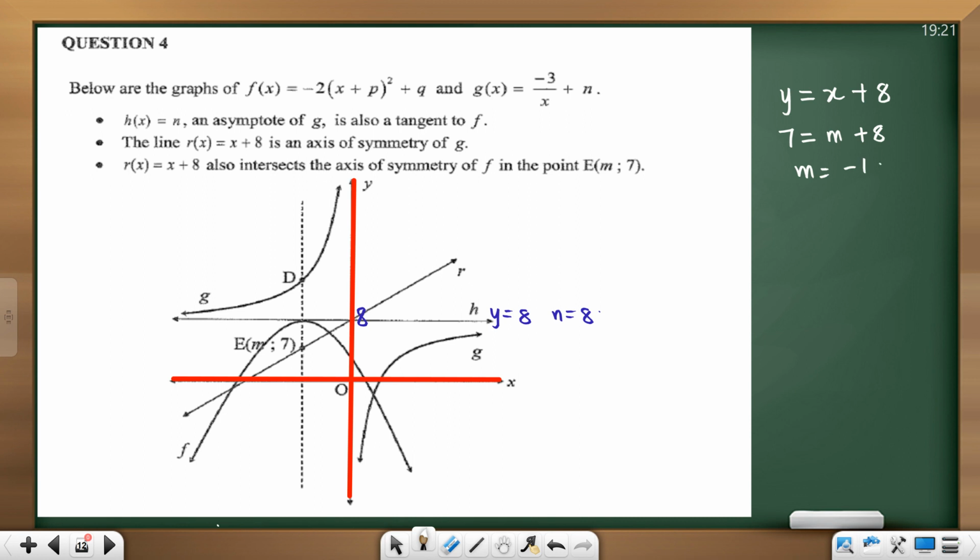I'll ask you a question. Please get me the equation of f of x. So come on, get me the equation of f of x. Equation of f of x.